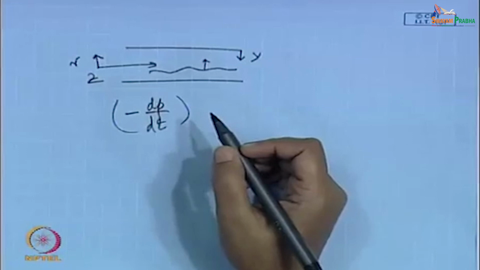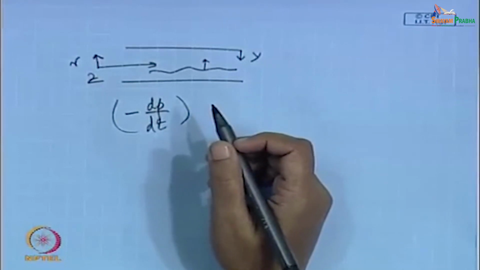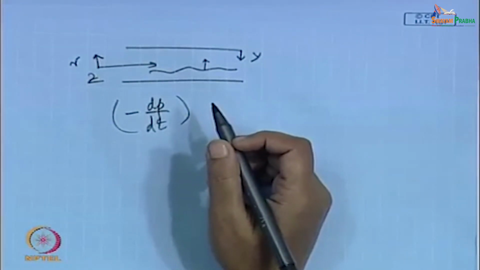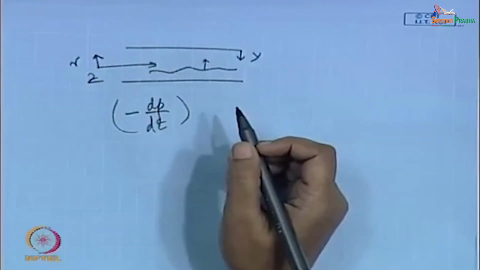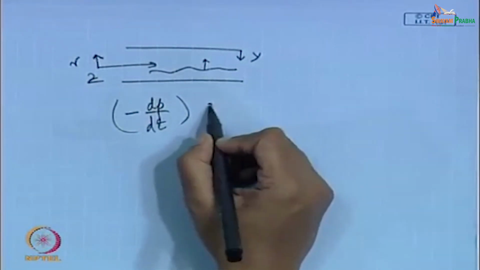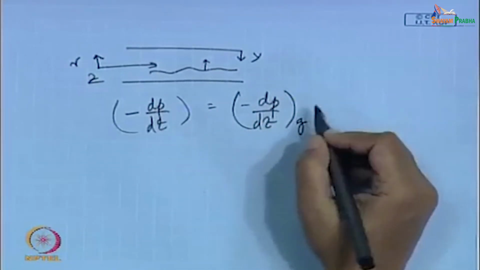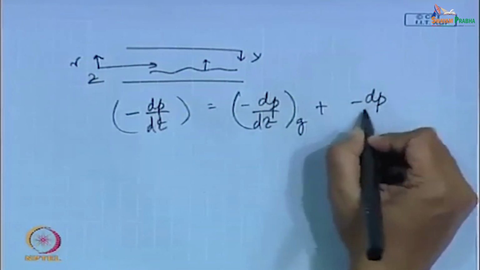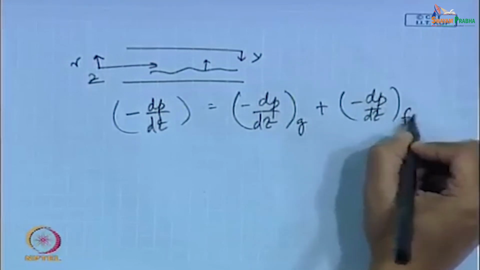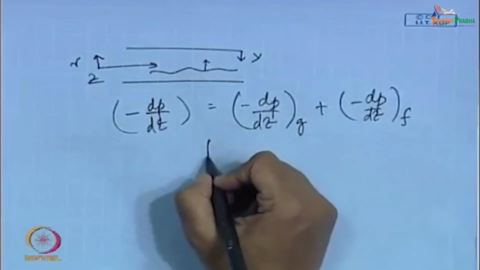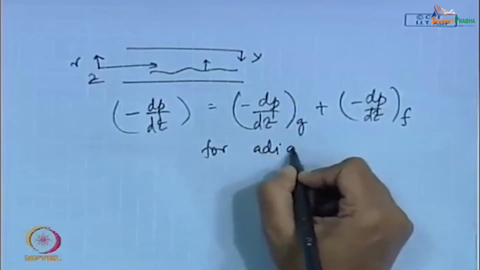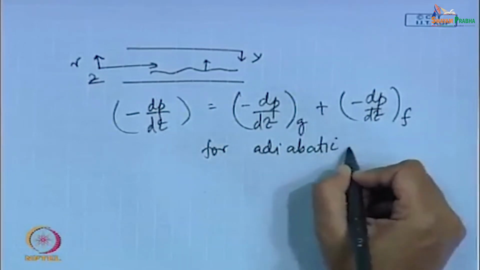Okay. Now, we knew that minus dp dz, for single phase flow, this is usually equal to the gravitational pressure gradient and the frictional pressure gradient. Okay. For adiabatic equilibrium flows, this you have already derived, you know it.